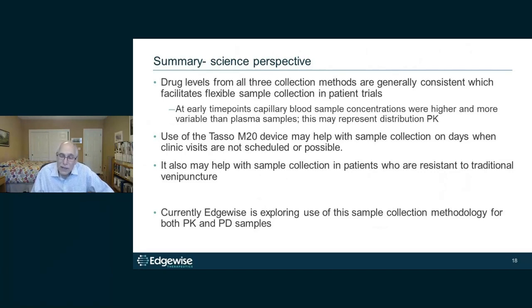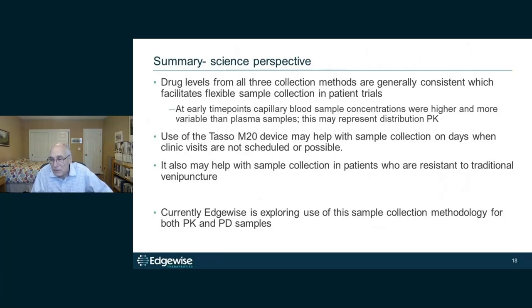All I've talked about today is pharmacokinetic sampling. We are also exploring the use of the same device for pharmacodynamic samples. We measure a number of biomarkers throughout our studies, and we're currently validating the use of the TASO with each of those different pharmacodynamic measurements.